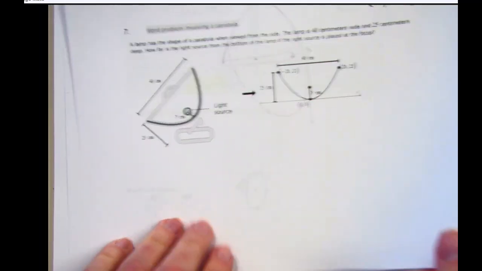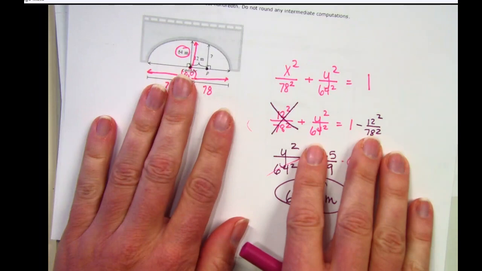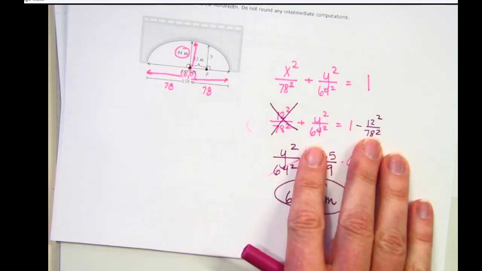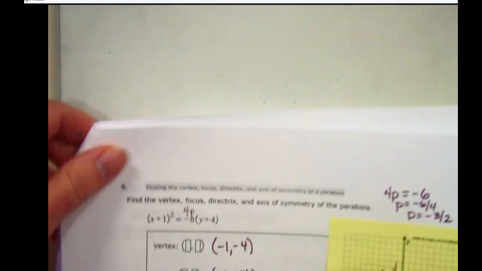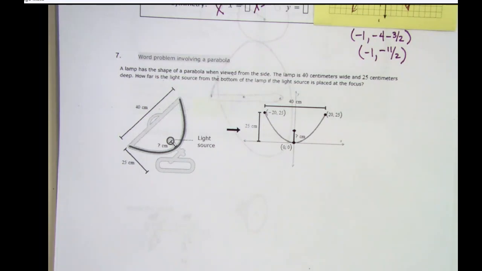Do you remember once you knew the secret to our bridge problem over here? It was like, all right, that was good, right? And 0, 0 was a big part of that. It's going to be the same thing with this headlamp, or the spotlight, whatever it is in this case. A lamp has the shape of a parabola.